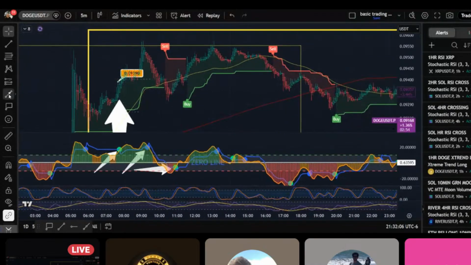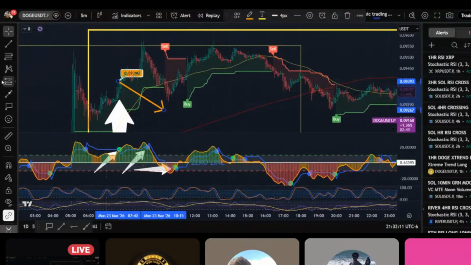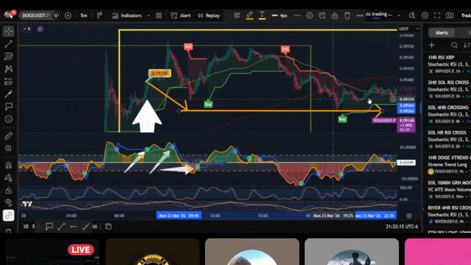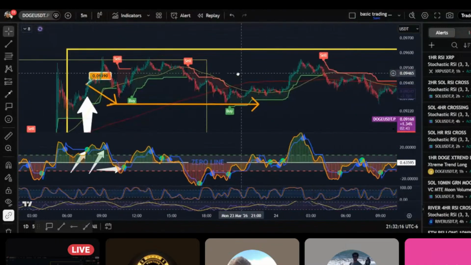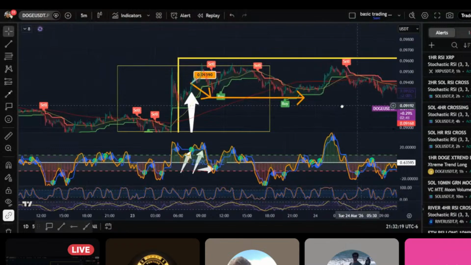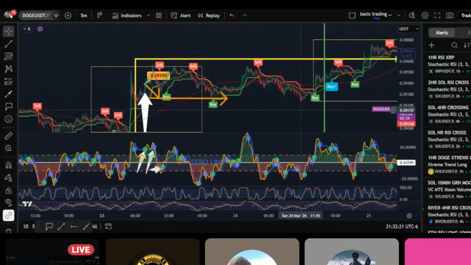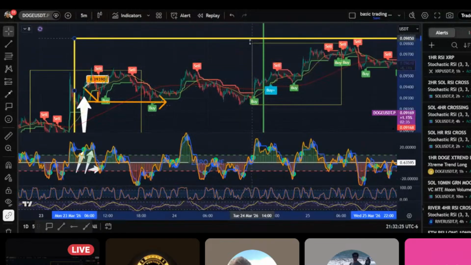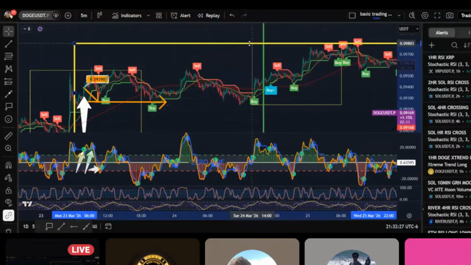So now from here, we have a pullback that takes us to about here. That'll be our lowest move there. And let's see how this does on the overall. Okay, so right about there.